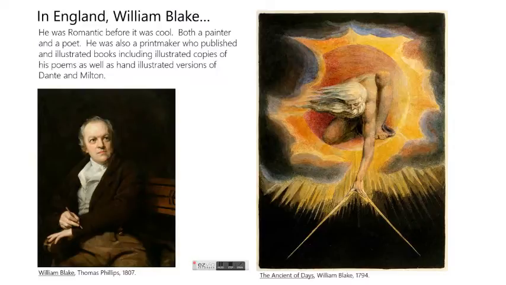And Blake, I don't know. I guess I feel like he was a romantic, even though he started in the 18th century. There is a strong romantic feel to everything he does. And even though his artwork doesn't look like anybody else, it still is romantic artwork.